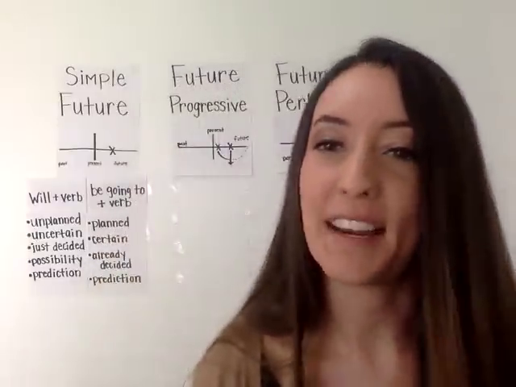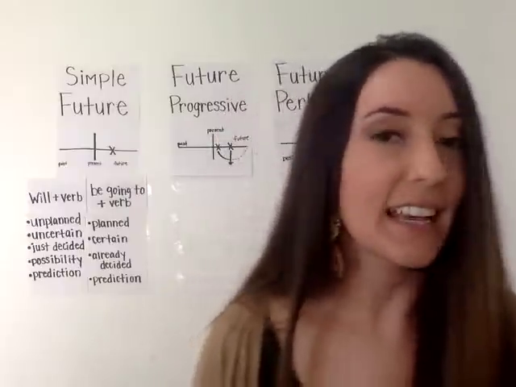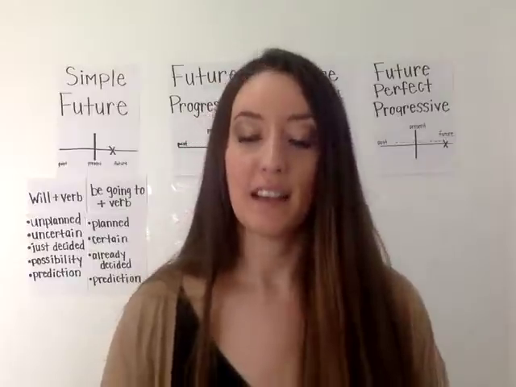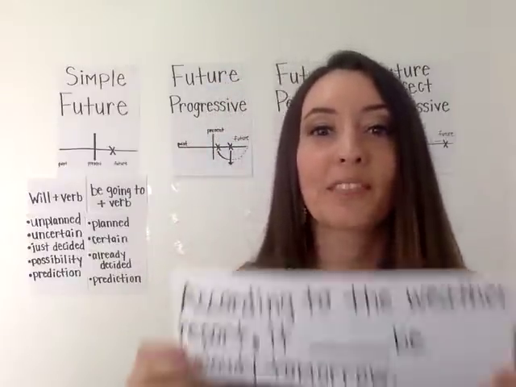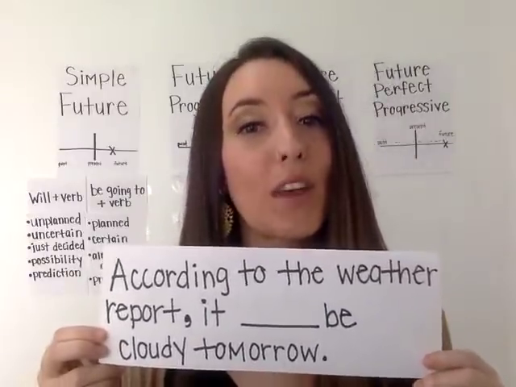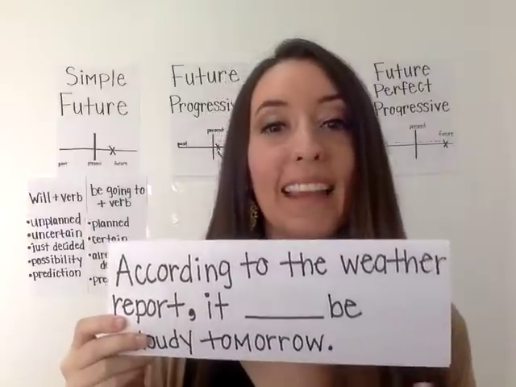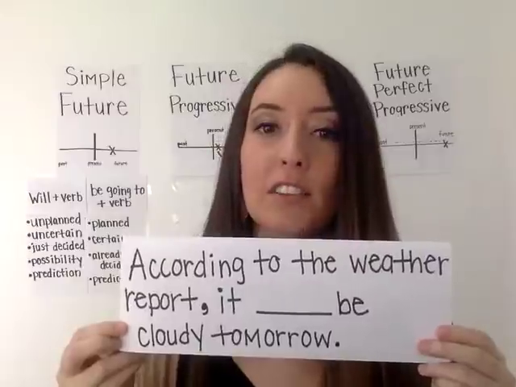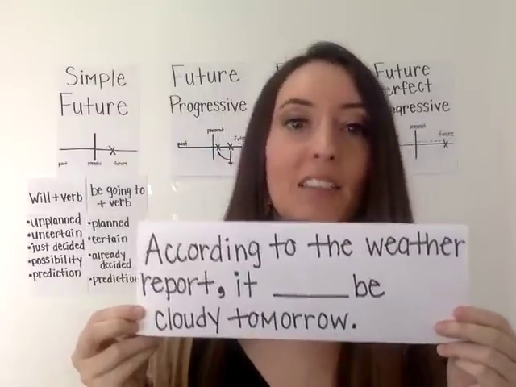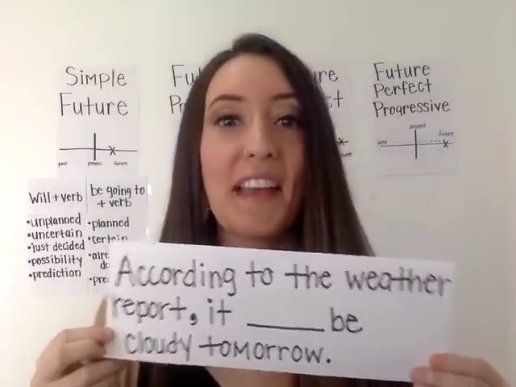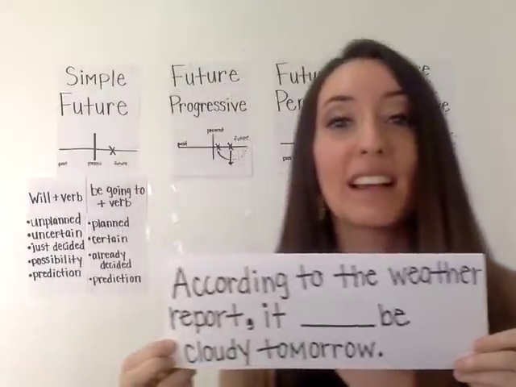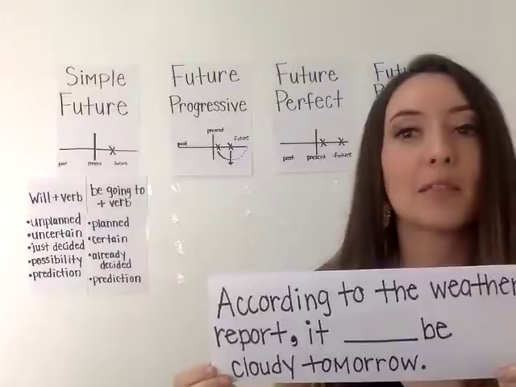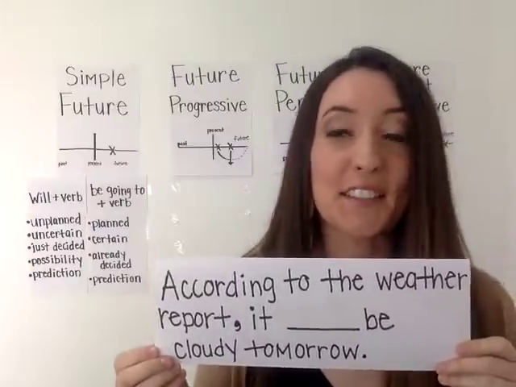Very good. Okay, let's do one more example of these, and then we will move on to our next future tense. Our last example. According to the weather report, it's blank be cloudy tomorrow. And this one, are we going to use will or be going to? So you can take a look at the charts behind me. Type your answers in the chat.